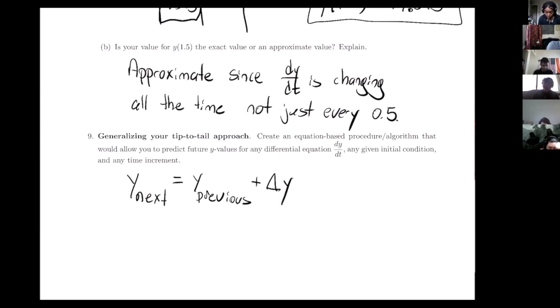And so what I want to fill in is how are we calculating this change in output?